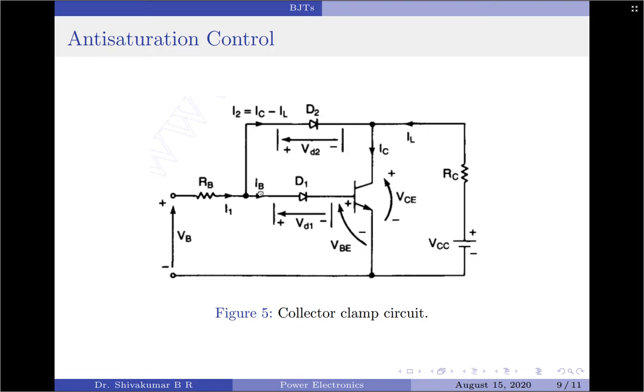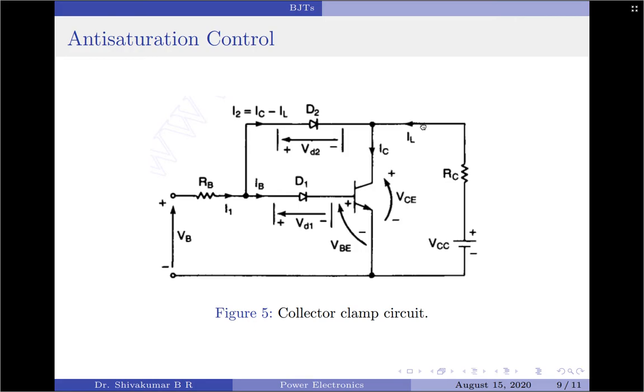So we have used this path for understanding the overall voltage across the collector to emitter. And the load current now is not equal to IC. When the clamping takes place, IC is not equal to IL. Without clamping, IC and IL are equal. So please note the clamping takes place, as I already have said, when the diode D2 turns on, and when the diode D2 turns on, IC is not equal to IL.